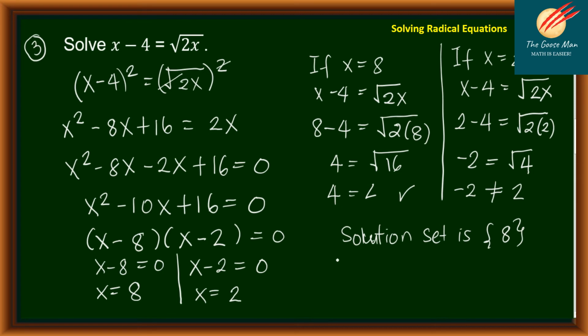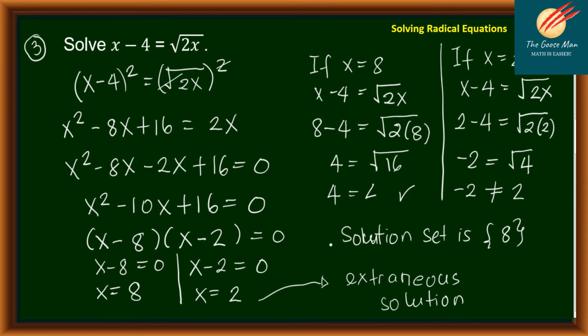However, we call this one, 2 or positive 2, an extraneous solution. Although we found out that the value of x is equal to 2, it will not satisfy the original equation. So that is the meaning of extraneous solution.